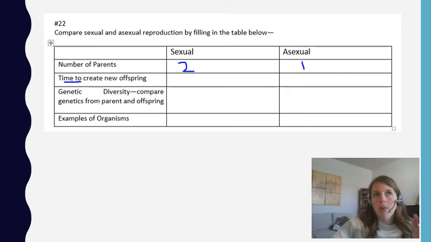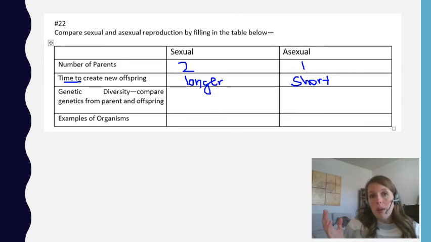Now I'm not looking for something really specific here, but hope you remember that sexual reproduction takes a lot longer. Okay, and asexual reproduction is very short. Like bacteria that reproduce asexually can reproduce in minutes. Whereas in sexual reproduction, like humans, for example, it takes 9 months to grow 1 new offspring.